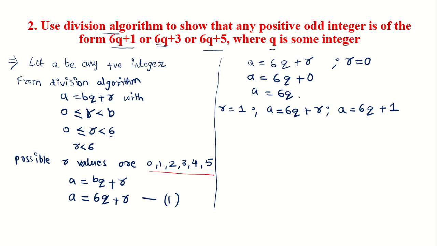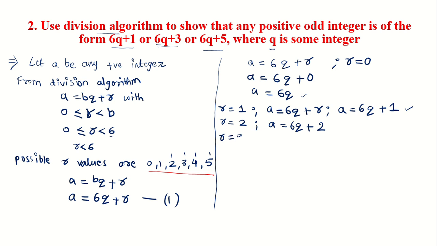When r equals 0, we got a equals 6q, and when r equals 1, we got a equals 6q plus 1. Next, what is the next value? 2. r equals 2. a equals 6q plus 2. When r equals 2, you will get a equals 6q plus 2. Similarly, look for values 3, 4 and 5.